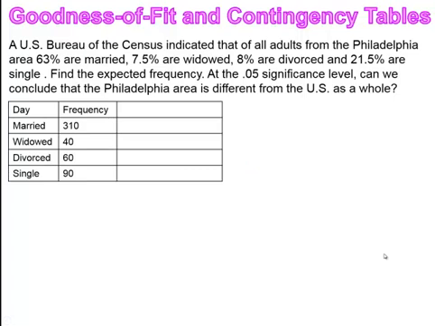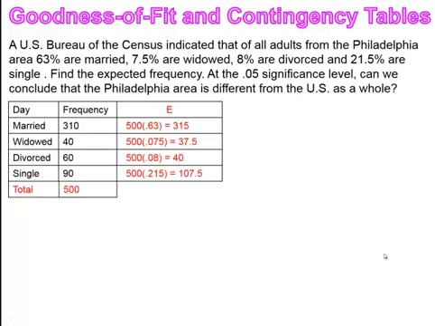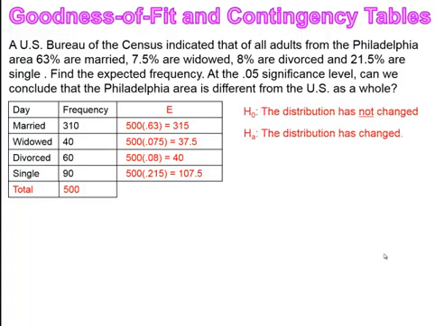So the first thing you had to do here is find your expected frequency, and it was based on percentages. So we have our expected frequency. Then you're going to find the statements, and it's based on distribution has not changed or the distribution has changed. You find your critical value and your test statistic and you compare.